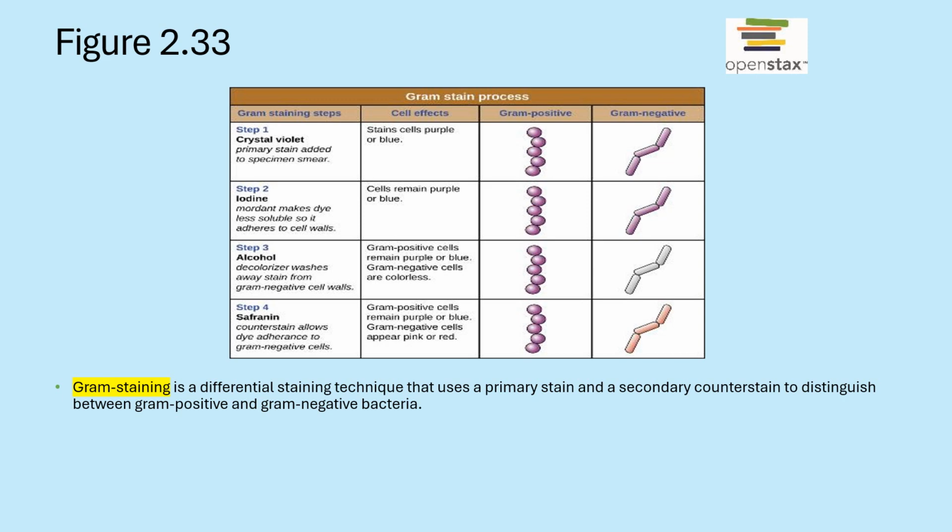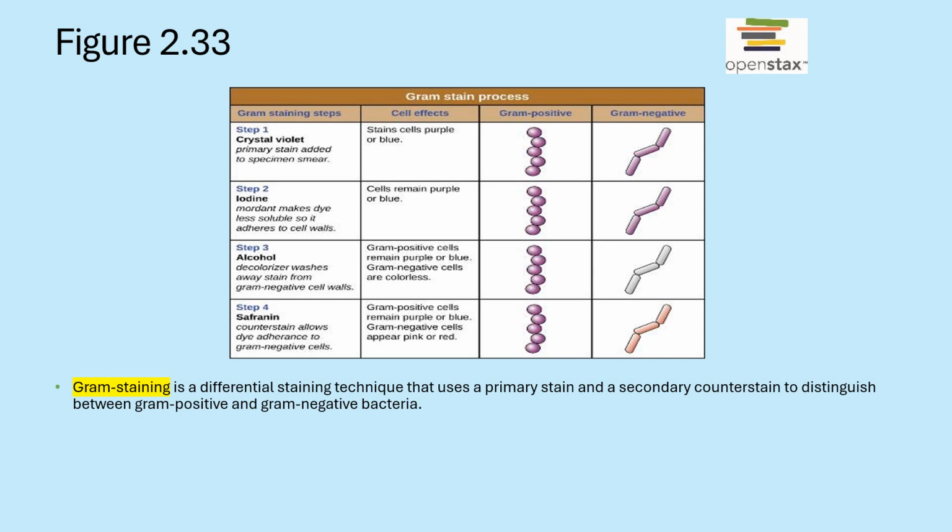When you add the alcohol, the gram positives are going to retain the purple dye, but the gram negatives are going to lose it. Why is there a difference? Because when we study the chapter on cells and talk about bacteria, you're going to find gram-positive and gram-negative bacteria have a major difference in their cell wall.